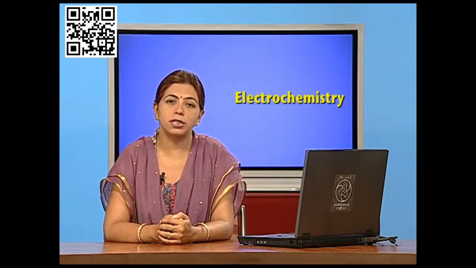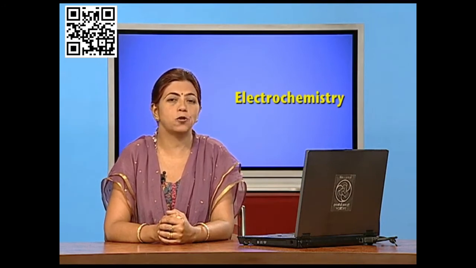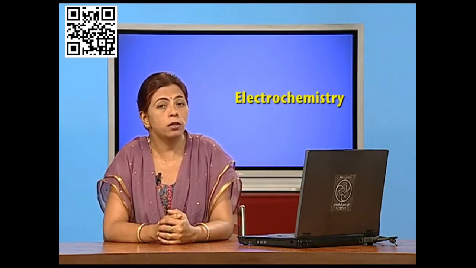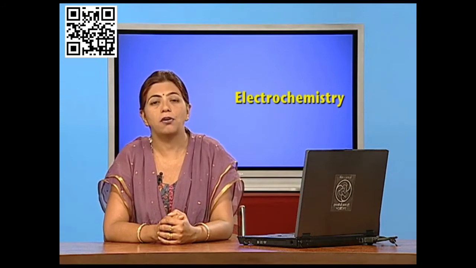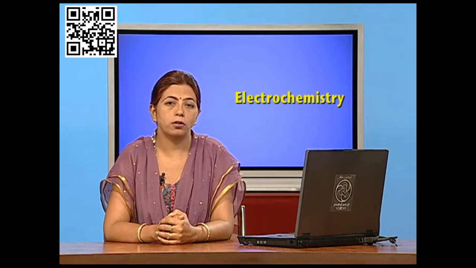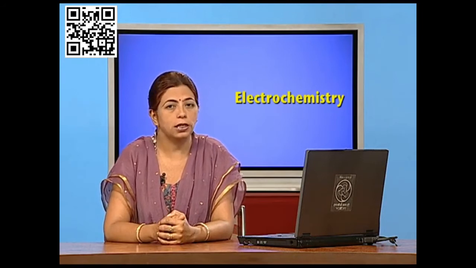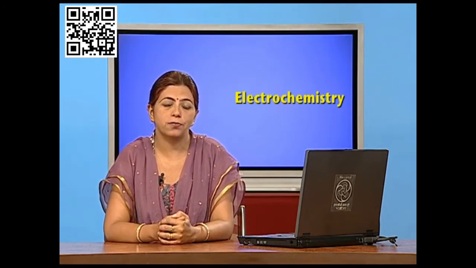They do not conduct current. In between these two types of substances, there is another category. They are semiconductors. For example, silicon, which conducts current not like the conductors, but conducts slight current.